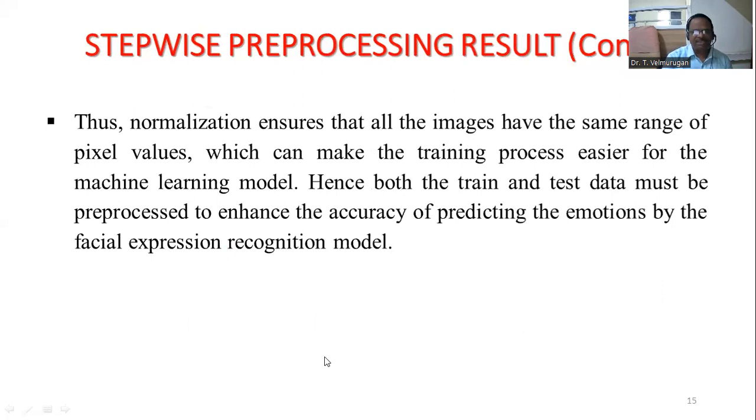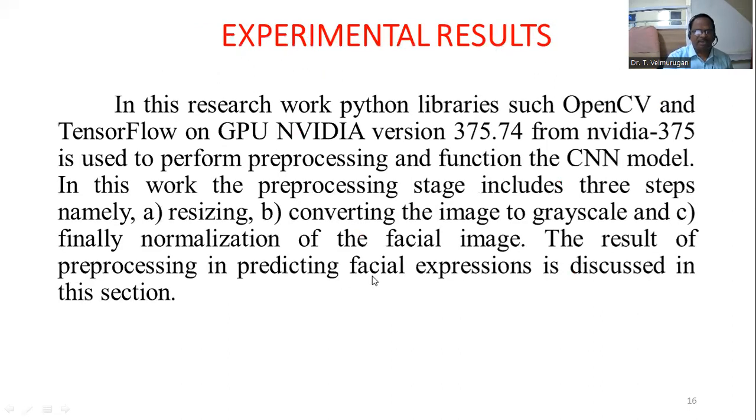Thus, normalization ensures that all the images have the same range of pixel values, which can make the training process easier for the machine learning model. Hence, both the training and the test data must be pre-processed to enhance the accuracy of predicting emotions by the facial expression recognition models.